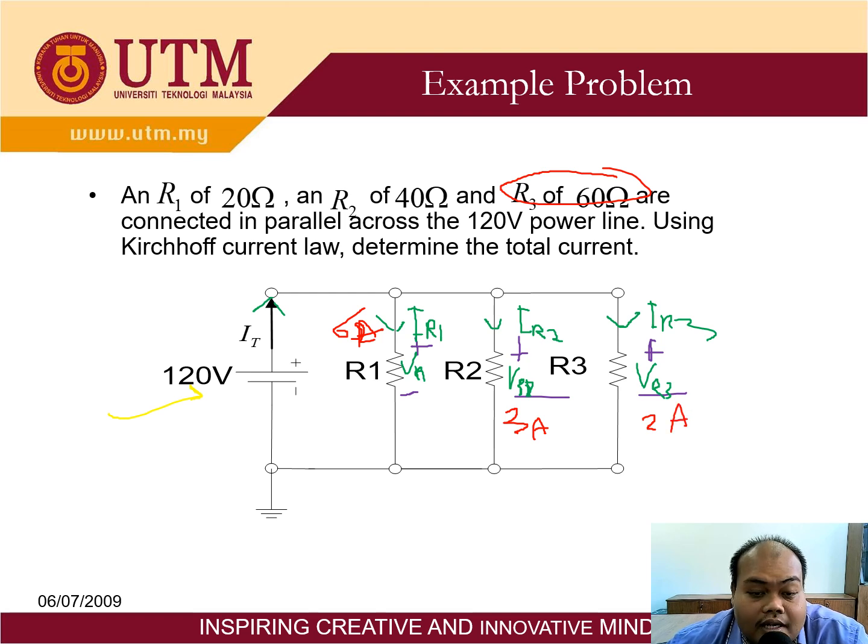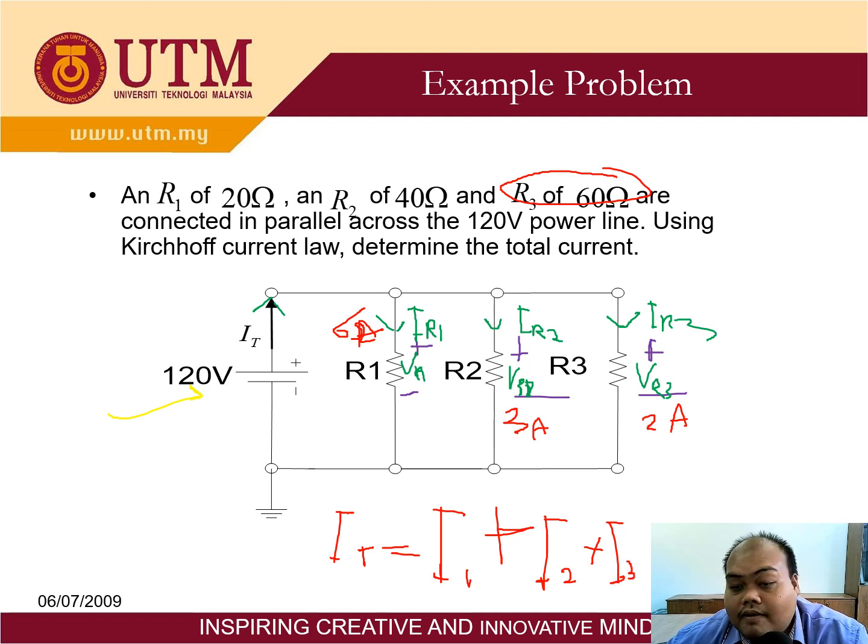So using Kirchhoff current law, this one is exiting. This is only one node, and the current entering is IT. IT is equal to I1 plus I2 plus I3.